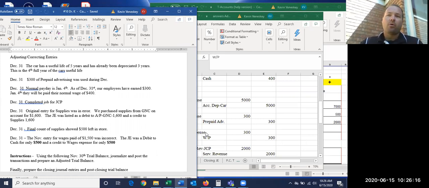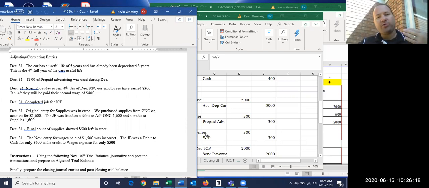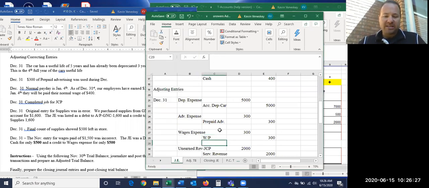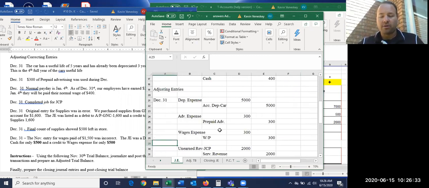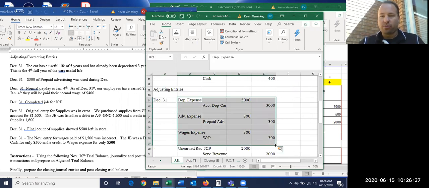Now, to undo that bad first entry, we actually need to see what the wrong entry was. So that's one of the things I'm going to do, and I'm going to do it way out here to the side so we know that this isn't part of our actual work. Our actual work goes here in our actual general journal.